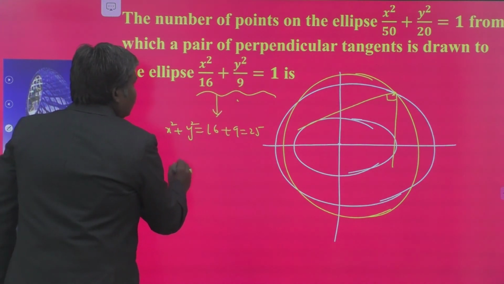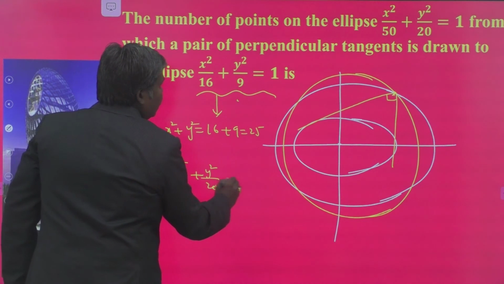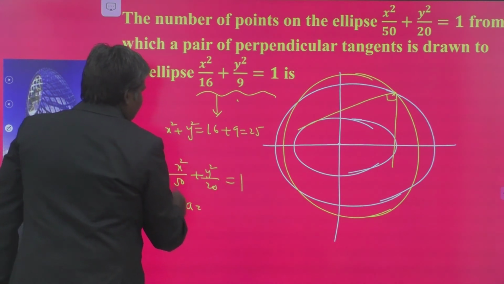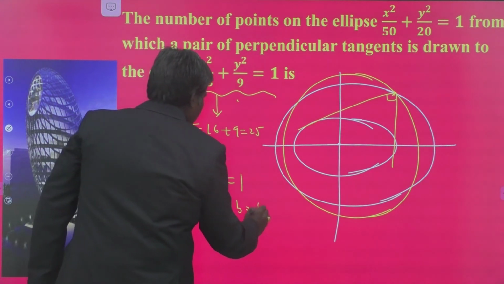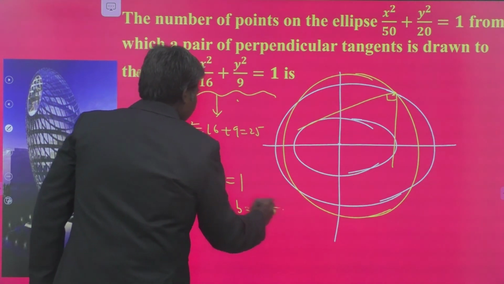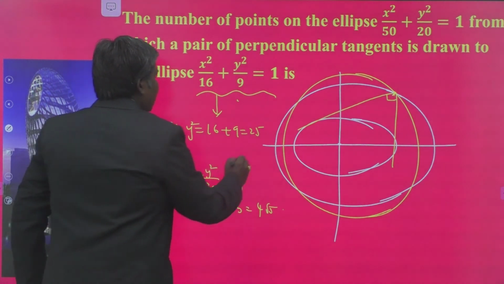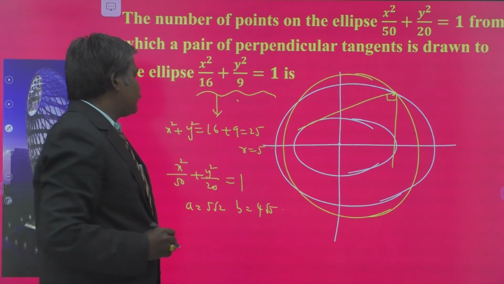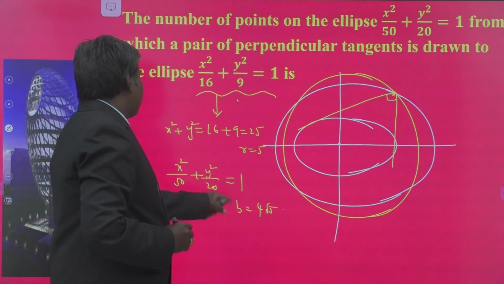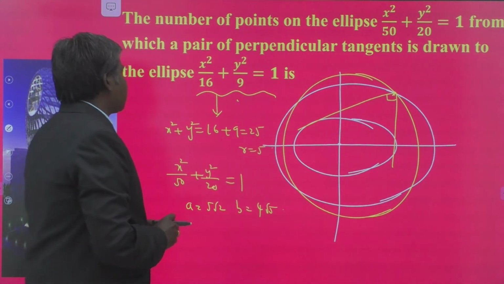The ellipse is x square by 50 plus y square by 20 equals 1. What is your A? Root 50, that is 5 root 2. B equals what? Root 20, that is 2 root 5. What is the radius? R equals 5. So can you guess how many points of intersection there are?